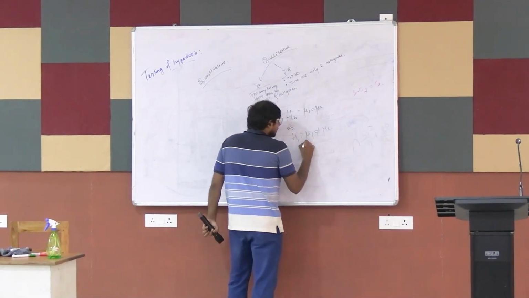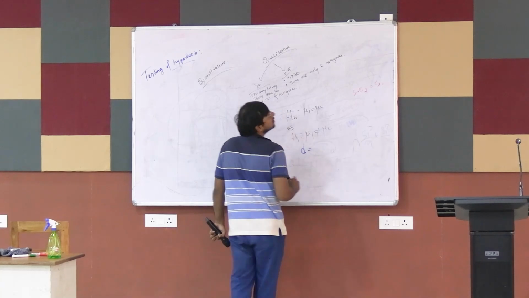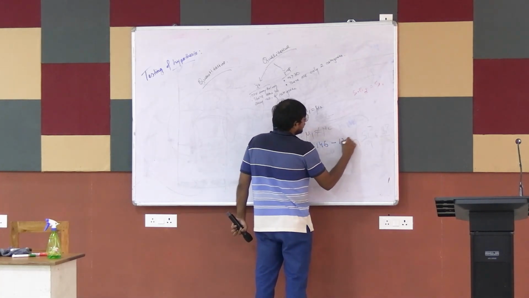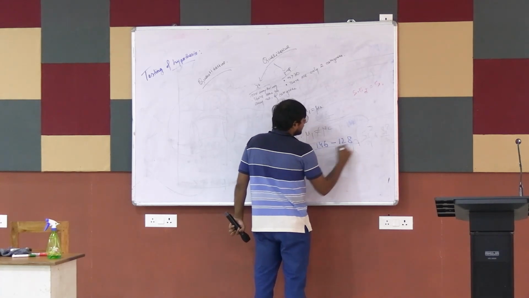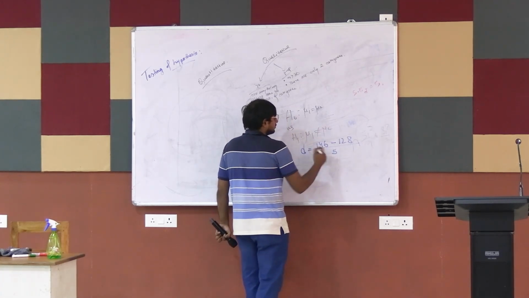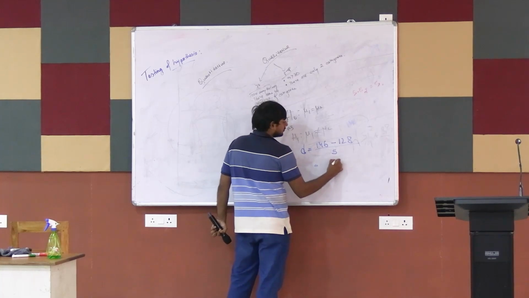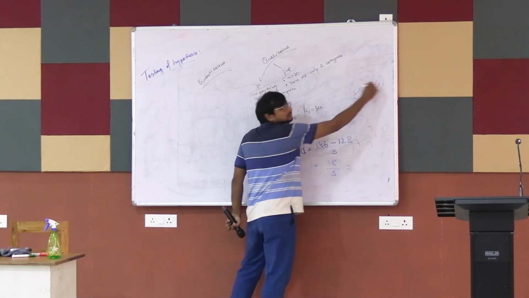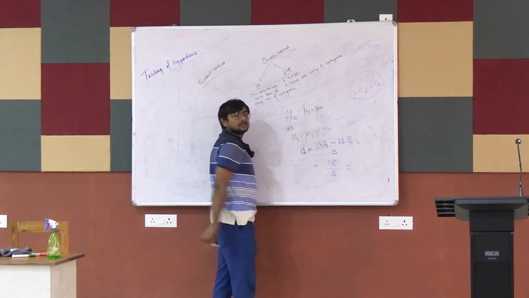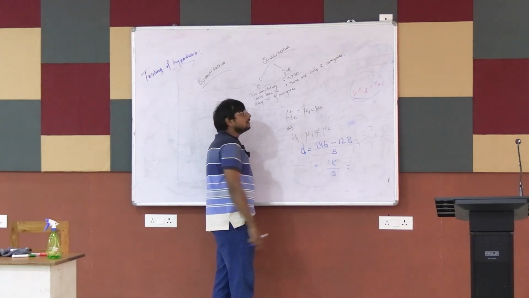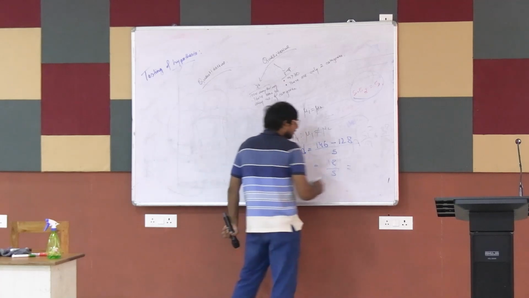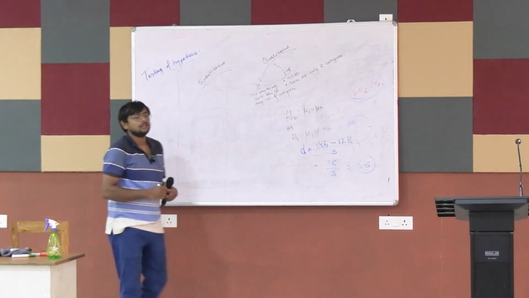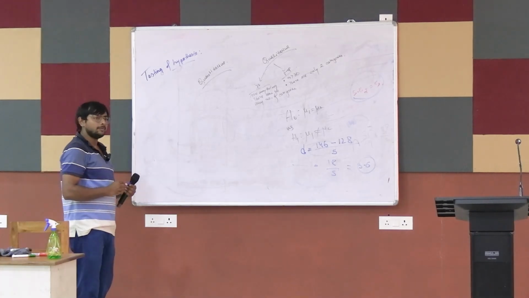D is equal to 146 minus 128 divided by 5. That comes to 3.6, 3.6.